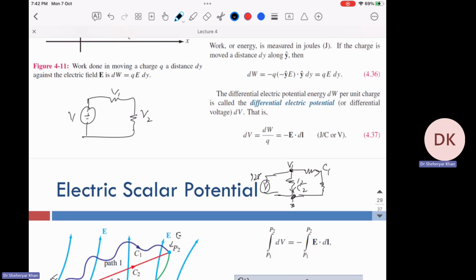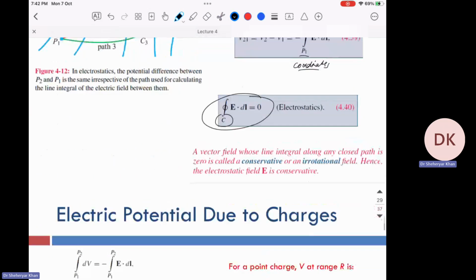V1 plus V2 equals V, so one is positive V and another is negative V. Mathematically we write it like this: the sum of all the potentials is zero. That's exactly the same meaning.